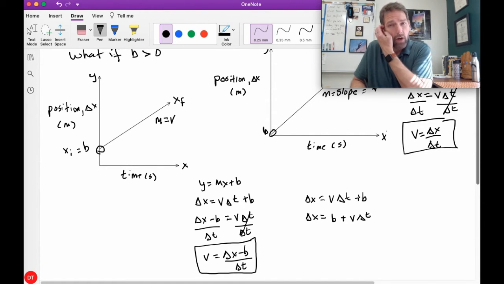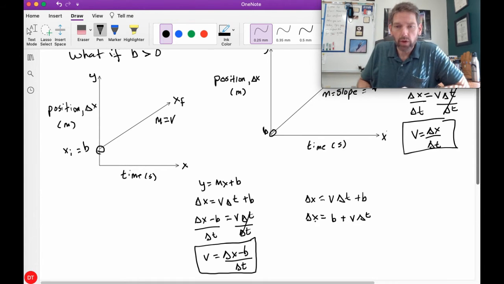Well, now if we know that the b represents your initial, and this would have to represent the final, all right? So now, what would you do? You would subtract this from this side, so we get the final position minus the initial position equals v delta t.